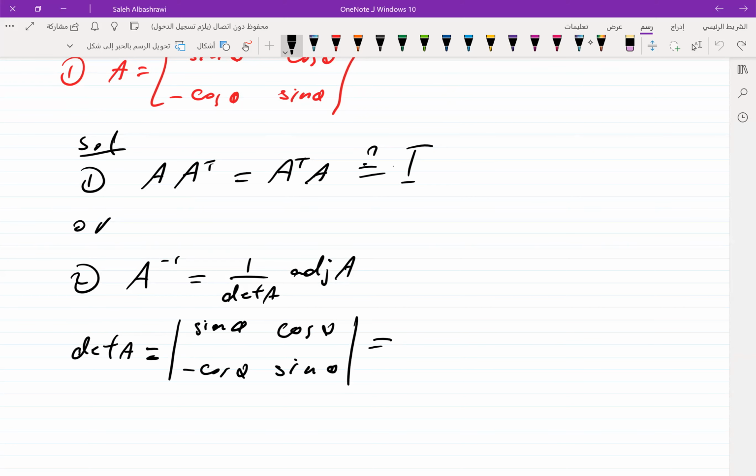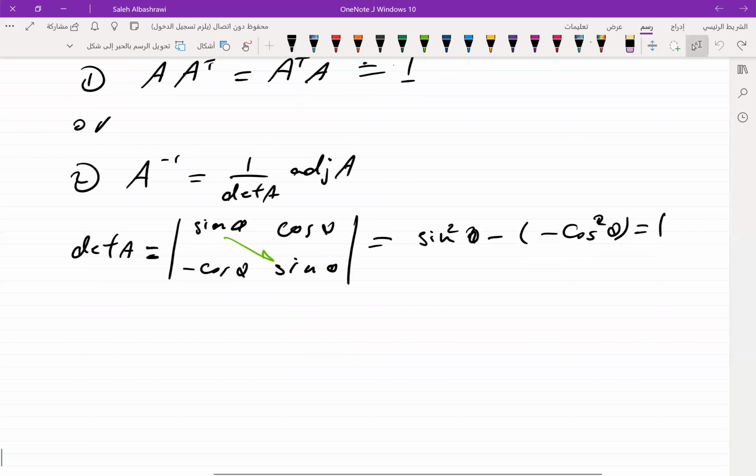This is equal to sine square plus cosine square, which is equal to 1. So the inverse is equal to 1 over 1 multiplied by the adjoint.